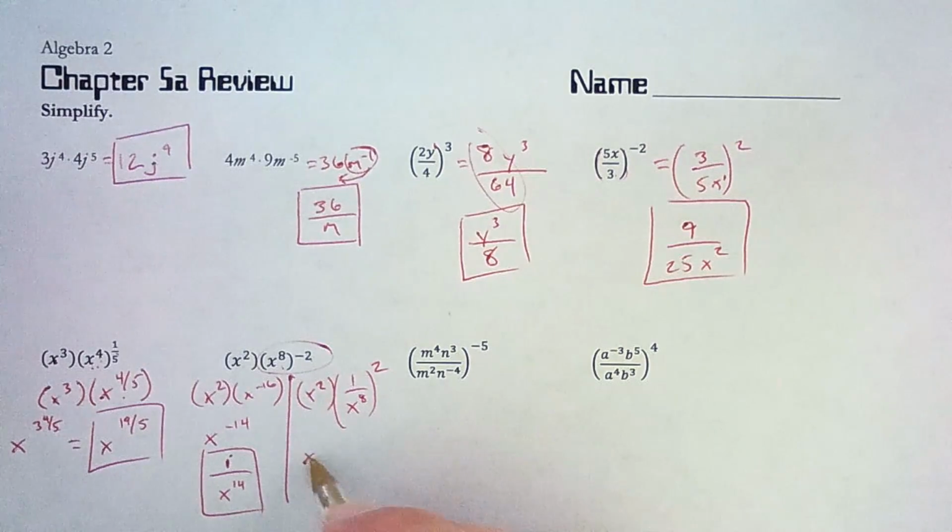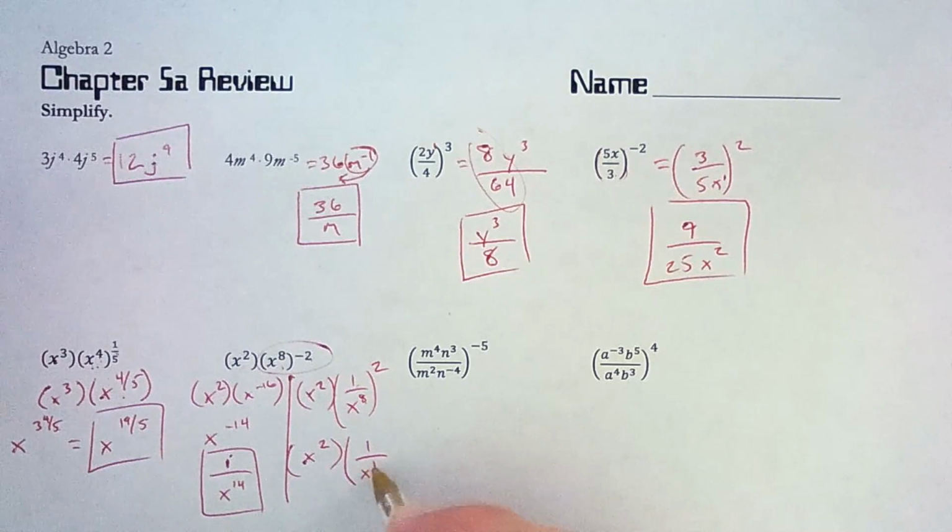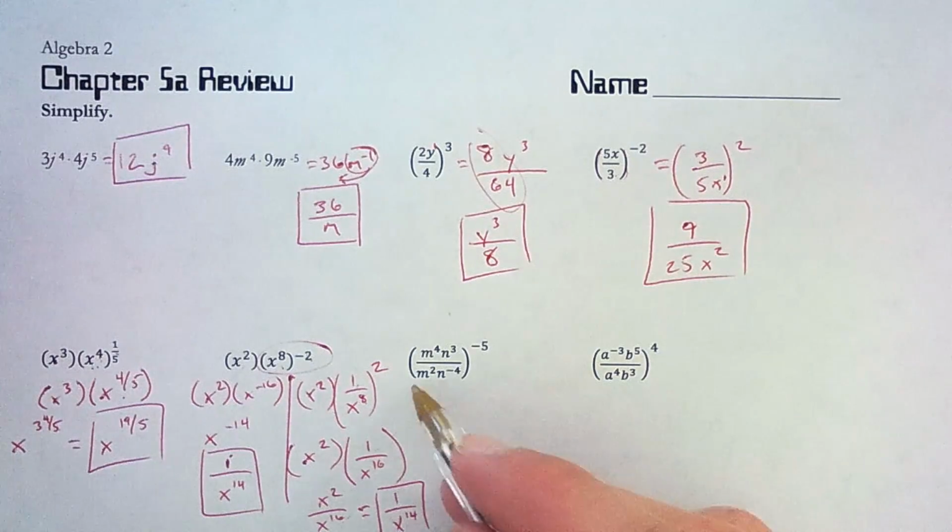So now I have x squared times 1 squared is 1, and x to the 8th squared, 8 times 2 is 16, x to the 16th. So that's the same then if I multiply these as x squared over x to the 16th, and now the 16 is bigger than the 2, so I'm going to subtract into the denominator. 16 minus 2 is 14. So there's two different ways to look at that one.